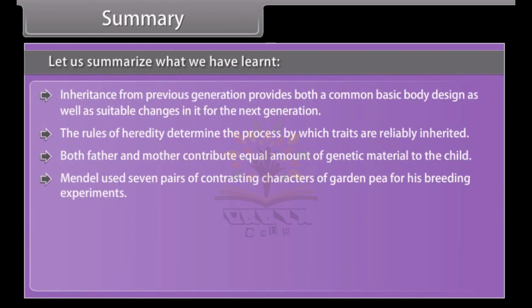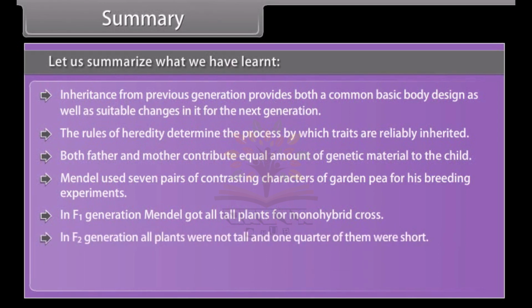Mendel used 7 pairs of contrasting characters of the garden pea for his breeding experiments. In the F1 generation, Mendel got all tall plants for the monohybrid cross. In the F2 generation, not all plants were tall and 1/4 of them were short.